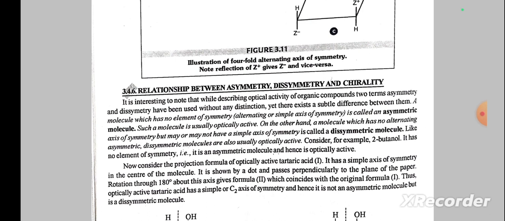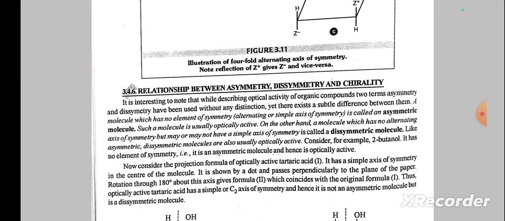Such a molecule is usually optically active. On the other hand, a molecule which has no alternating axis of symmetry, but may or may not have a simple axis of symmetry, is called a dissymmetric molecule. Like asymmetric molecules, dissymmetric molecules are also usually optically active.